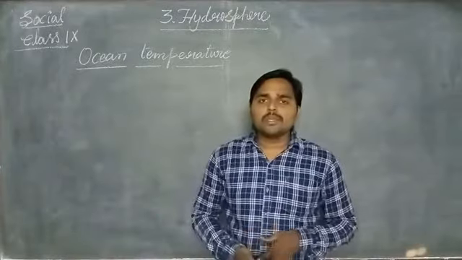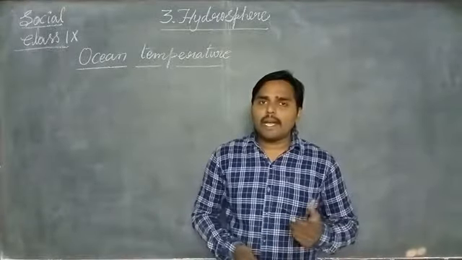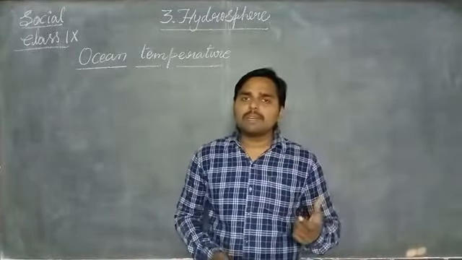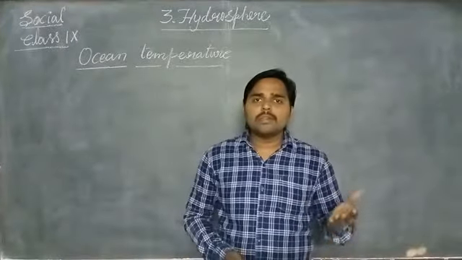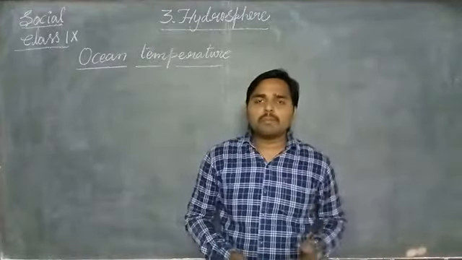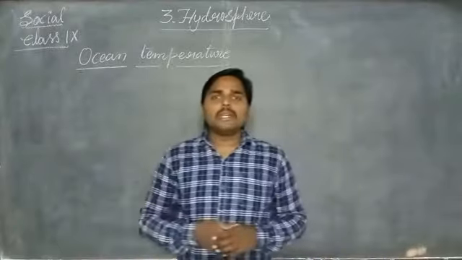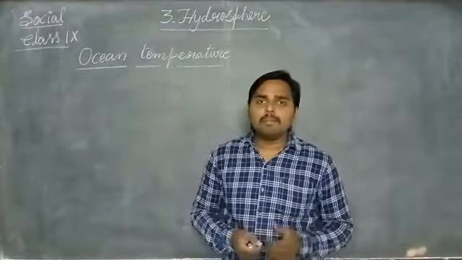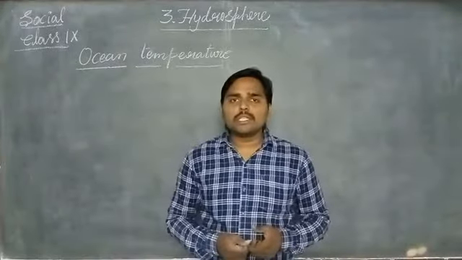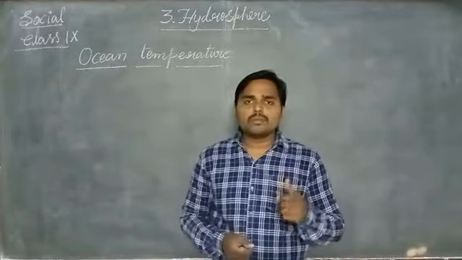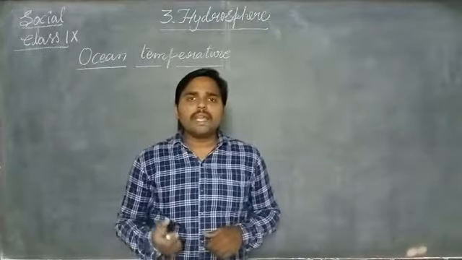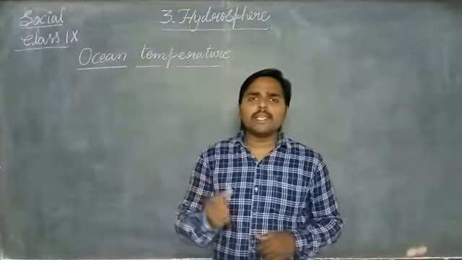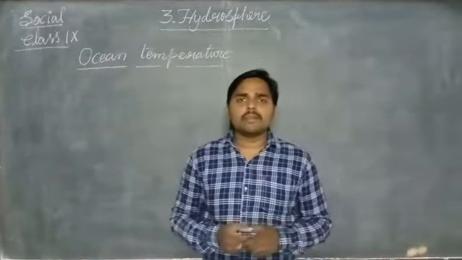Okay, if you see the temperature of land, there is a big difference between daytime and night time temperature. But if you see the temperature of water in the oceans during daytime and night time, there is very little variation.